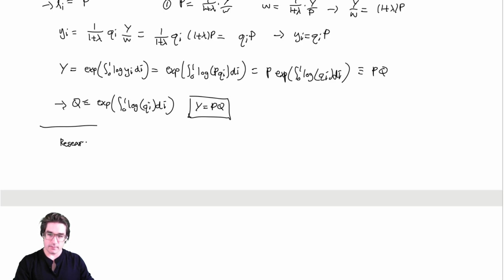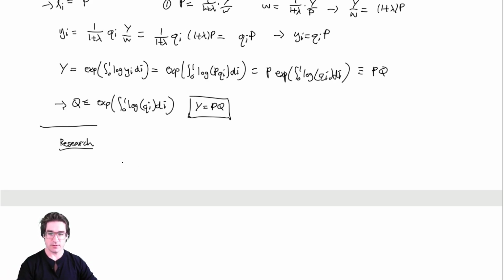Any questions? No questions. Good. With research, we're going to find profits from the production side, find the value, plug it into the free entry condition, and then do a bunch of algebra.